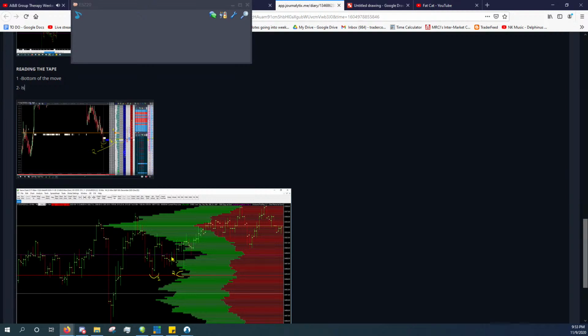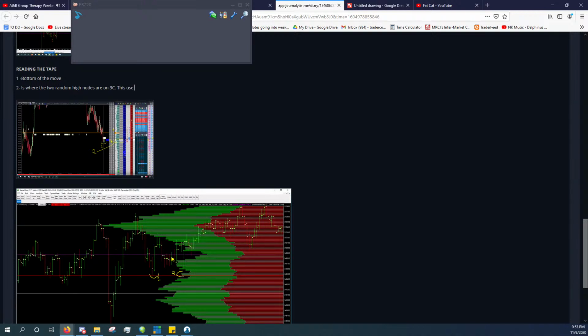Two is where the two random high nodes are on 3C.